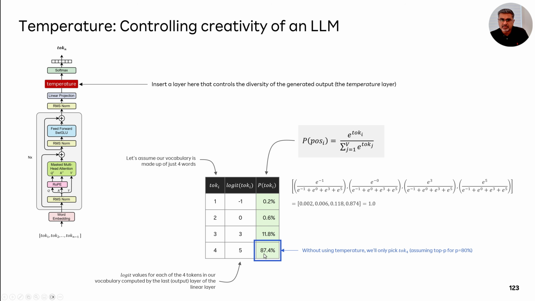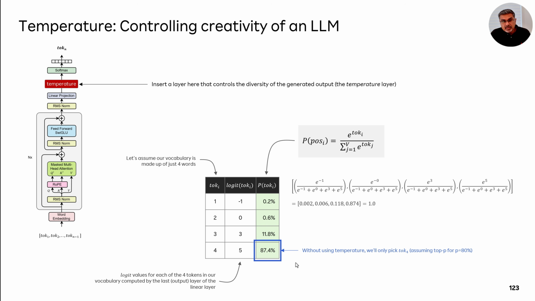Now, what we want to do is get more creative. And when you want to get more creative, you have to relax this thing where more tokens start to get into this candidate list of tokens that can be picked. That's how creativity is found.